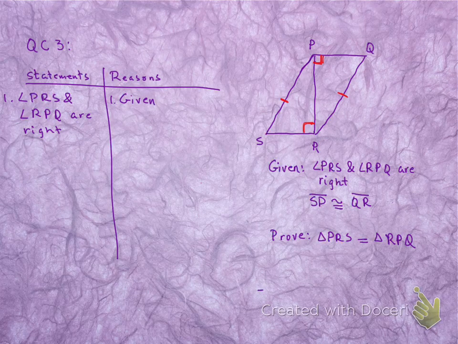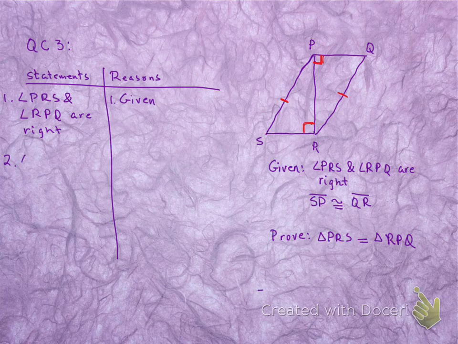Okay, so now what we're going to do is, yes, we were told that those two angles are right angles. But remember, if we're going to use the HL theorem, we have to say that the triangles are right triangles.